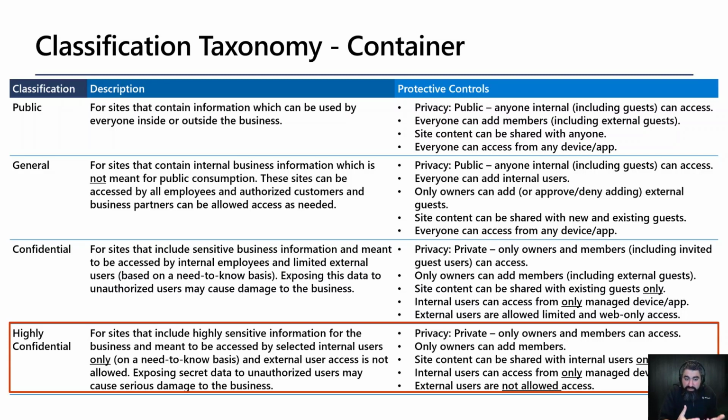Site content can be shared only with internal users. So if you are trying to share a document from that highly confidential site to an external recipient, it will be blocked. Internal users can access it only from managed devices. So if you have an Intune managed device, etc., you are allowed to access this sort of site. Otherwise, you will not be able to access. And we disabled external access to these sites altogether, so they are not allowed to access.